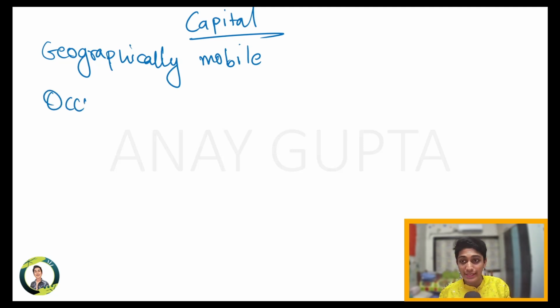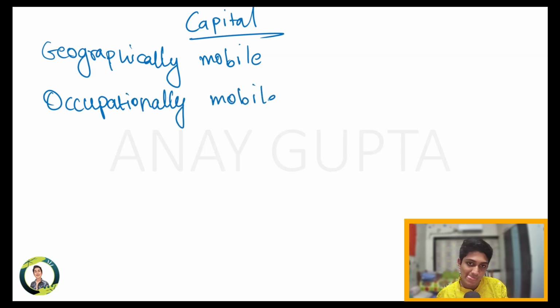Occupational mobility: capital is occupationally mobile as well. For example, if an office is being used for a tech firm, it could very likely be used as a call center as well. So capital is usually occupationally mobile.